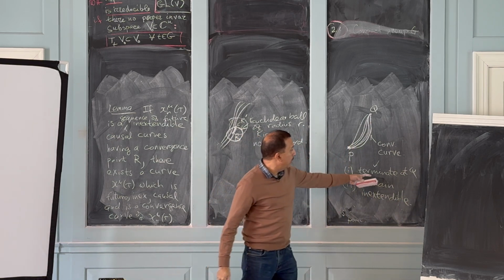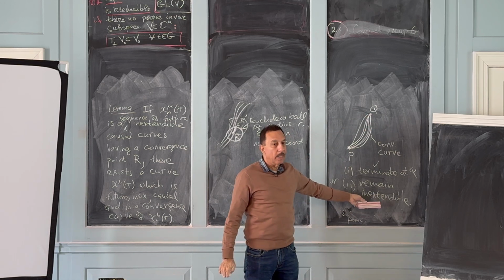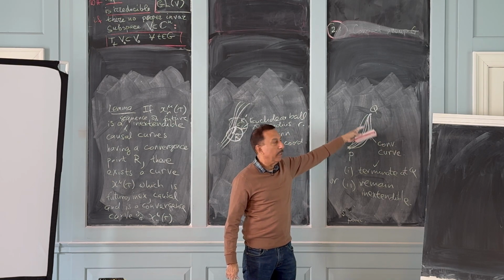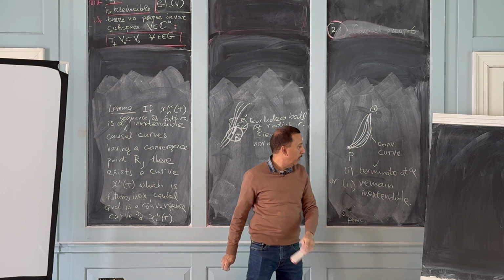If it terminates at Q, it becomes extendable because it has an endpoint, and that's the endpoint. But it also has the option to remain inextendable because it's a limit of things, and we don't know whether the limit shares that property of being inextendable or terminating at Q with the original family.